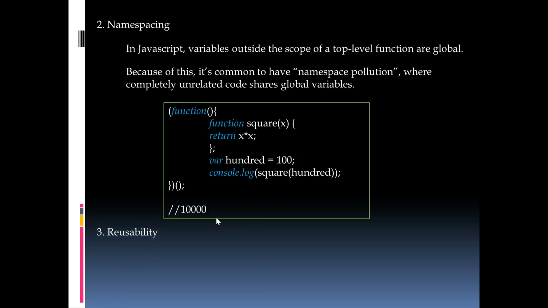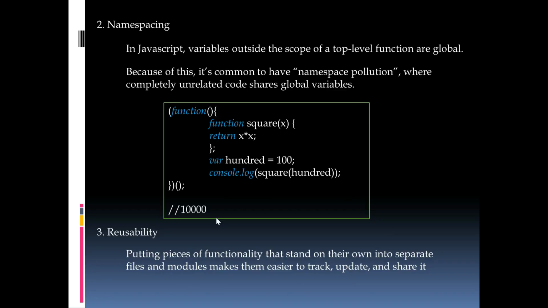Number 3 is reusability. If we put pieces of functionality that stand on their own into separate files and modules, it's easier for us to track, to update, and to share them with other files or programs.